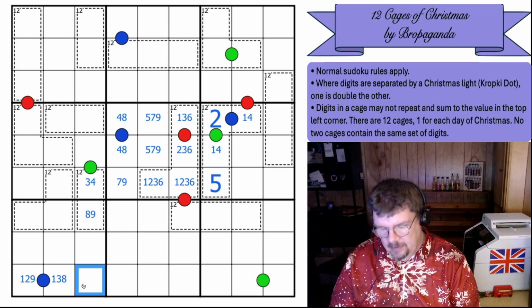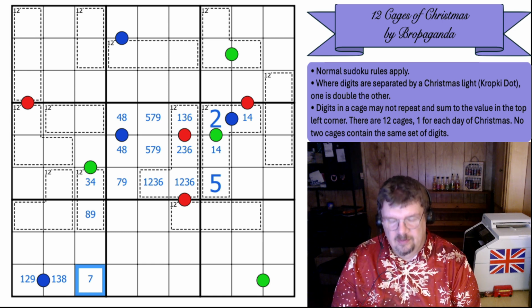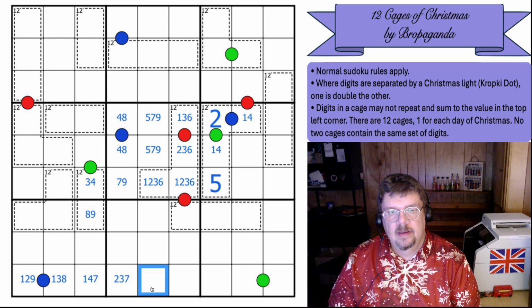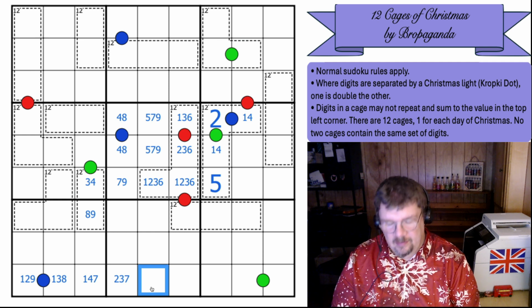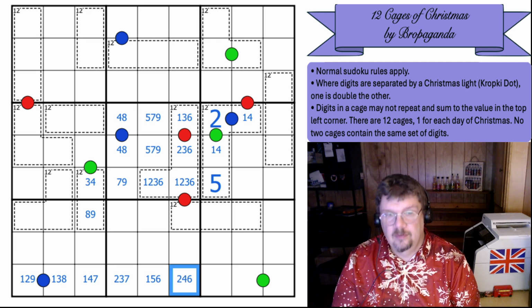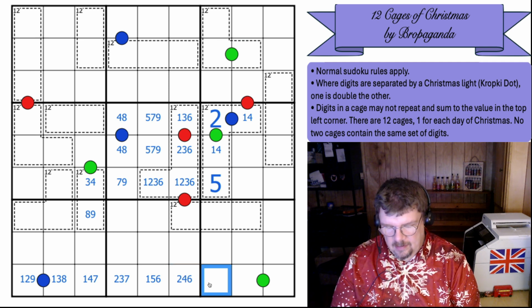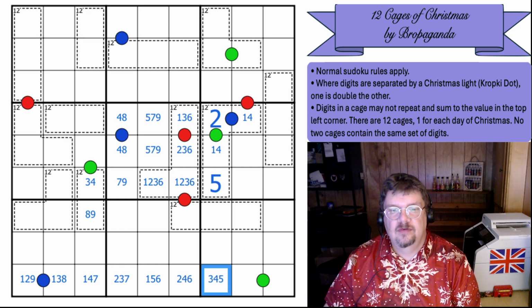If there's 7, we need 5 more, which has to be 1, 4, or 2, 3. If there's an 8, we need 6 more. Not 8. If there's a 6, we need 6 more, which is either 1, 5 or 2, 4. If there is a 5, we need 8 more, which is 3, 4, 5.